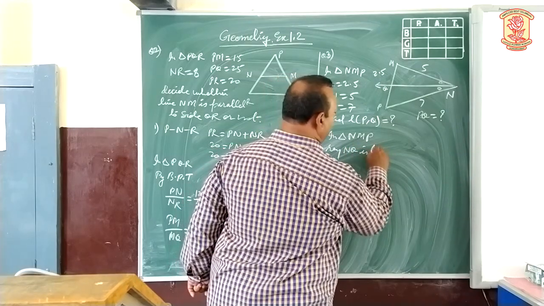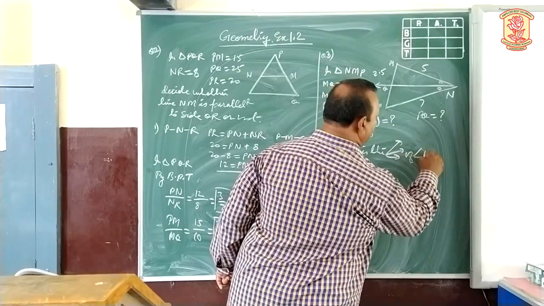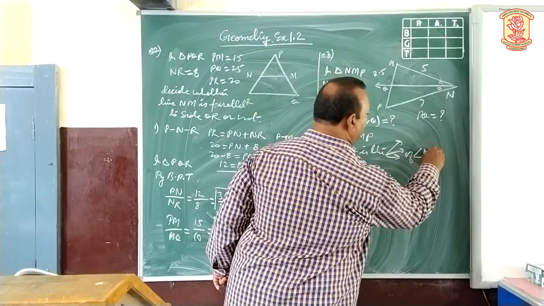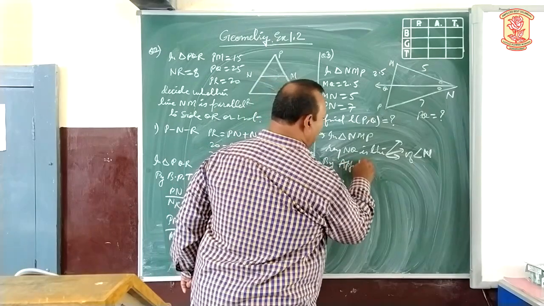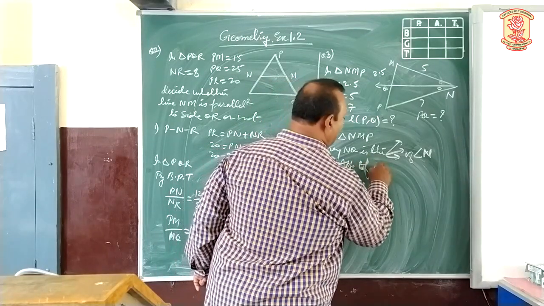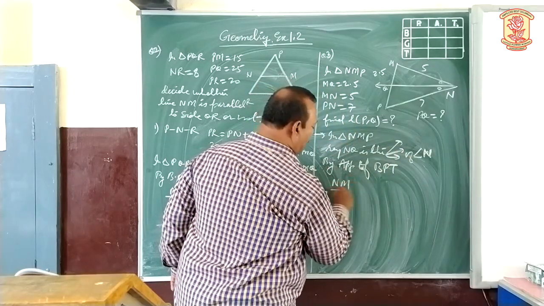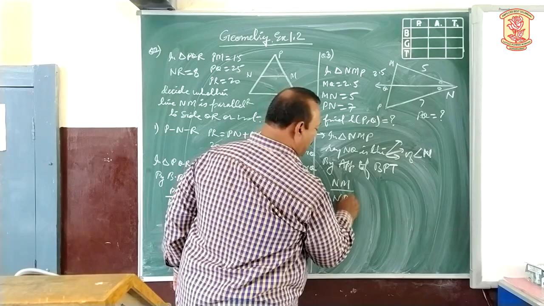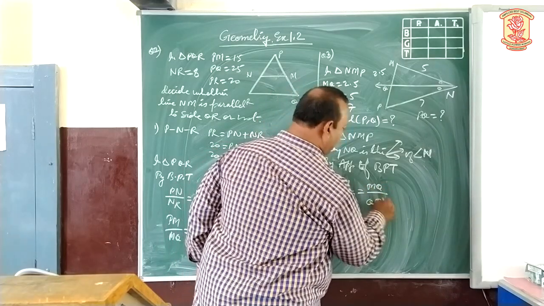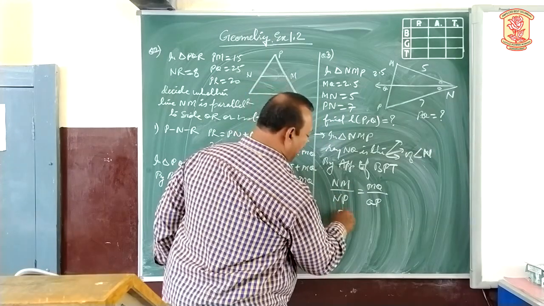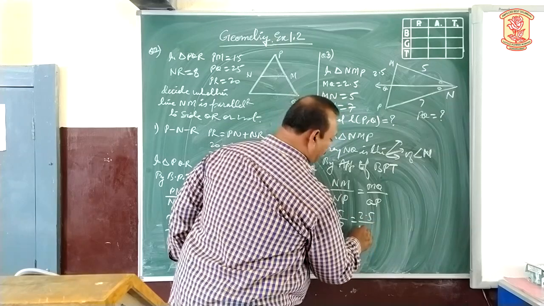NQ is the angle bisector of angle N. Directly apply the application of BPT. The ratio NM upon NP equals MQ upon QP. Keep the value NM 5 upon 7, other 2.5 upon value of PQ.